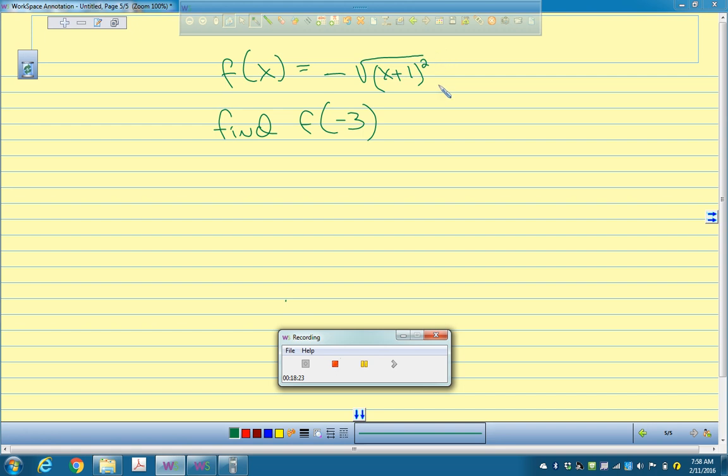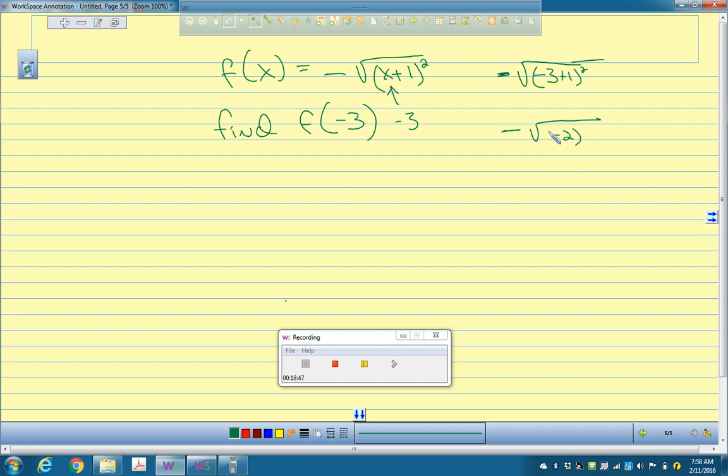You plug negative 3 in here, okay? So you take negative 3 and you stick it in there. That gives you negative square root of negative 3 plus 1 quantity squared, right? When you do that, you still have the negative outside. What's negative 3 plus 1? Negative 2.